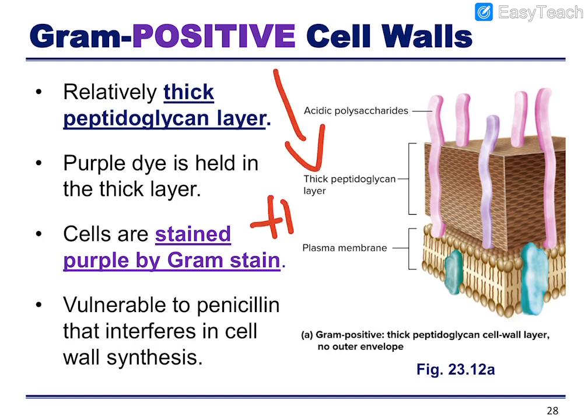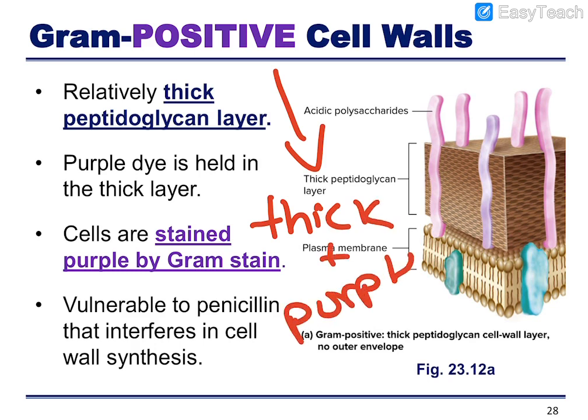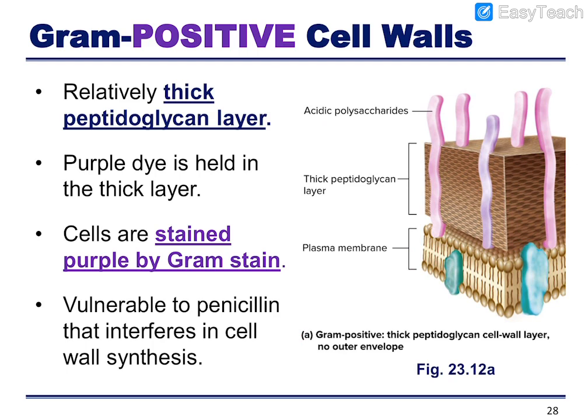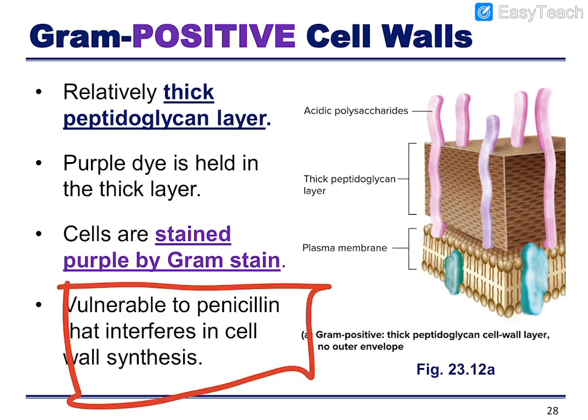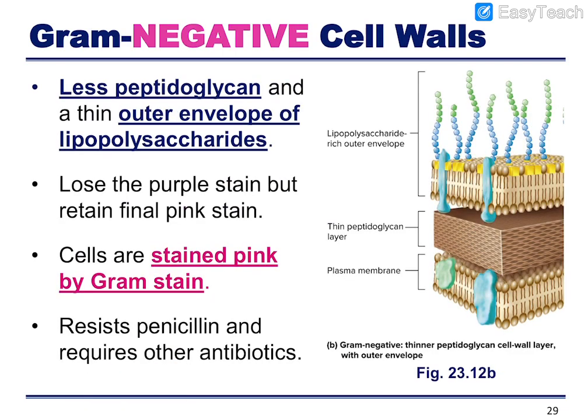So, when we're talking about gram-positive, think thick and purple. But don't worry, we will be showing examples of what the slides will actually look like. And also remember that gram-positive bacteria are vulnerable to penicillin, which interferes with cell wall synthesis.